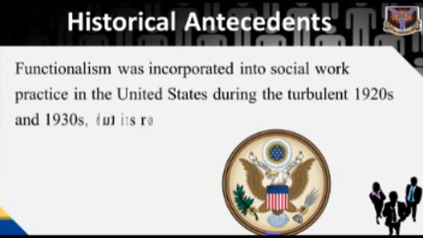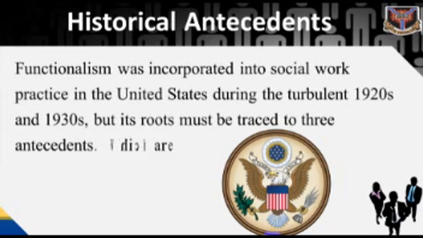2. Historical antecedents. Functionalism was incorporated into social work practice in the United States during the turbulent 1920s and 1930s, but its roots must be traced to three antecedents. 1.